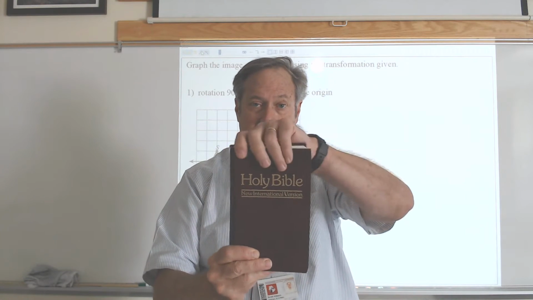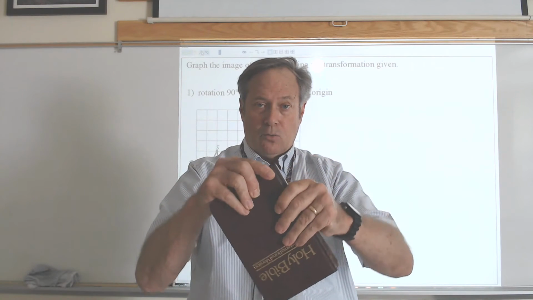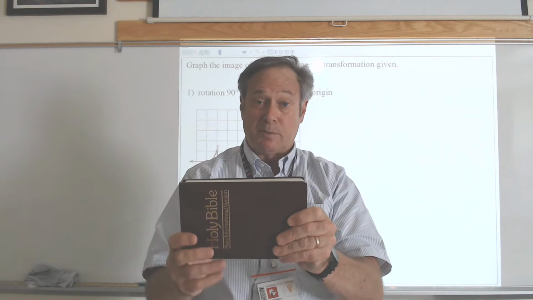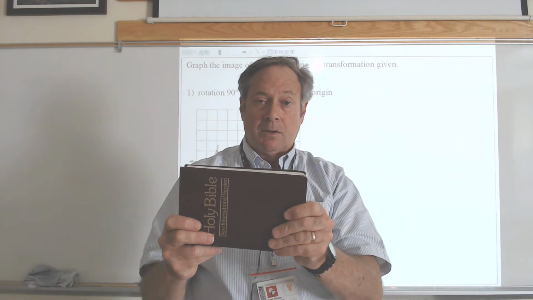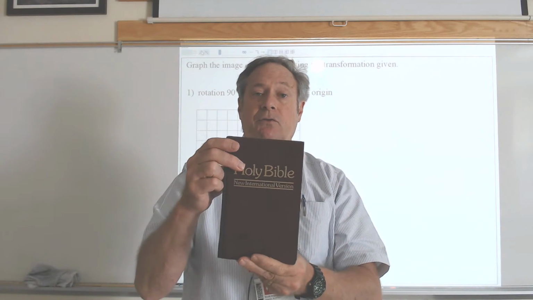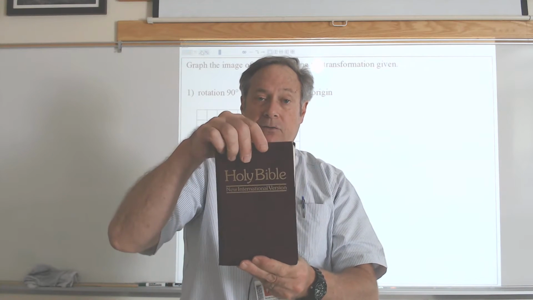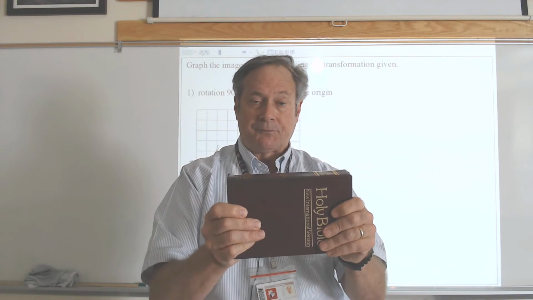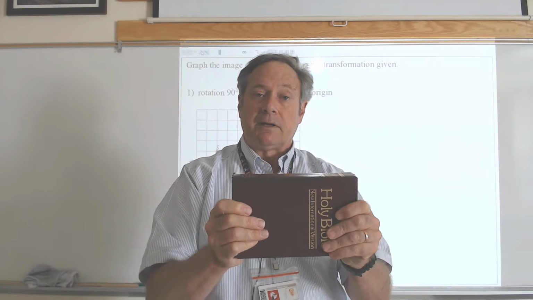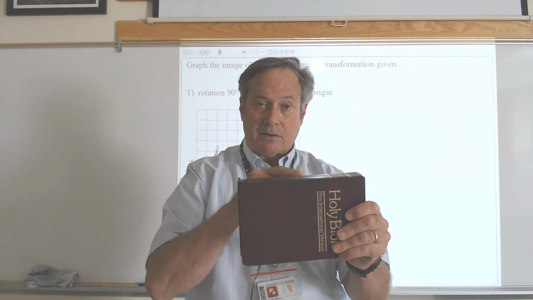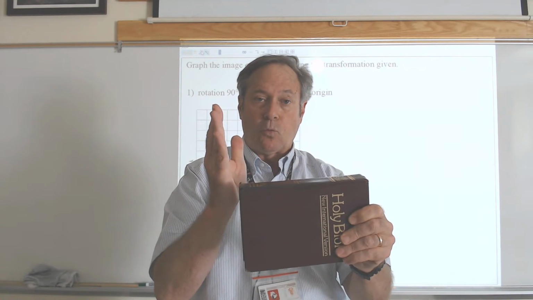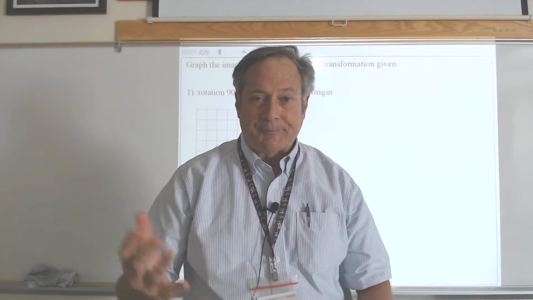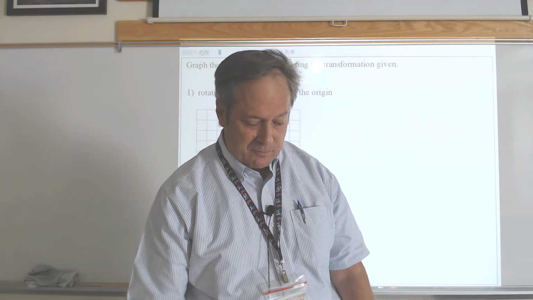So 270, that would be 90, 180, 270. And then one more turn, you'd be back to 360. But if I said, let's go 270 counterclockwise, that would be here, here, and land here. Which, interestingly enough, 270 degrees counterclockwise is the same as going clockwise what? 90 degrees. All right, well, if you can follow that, we're pretty much good.